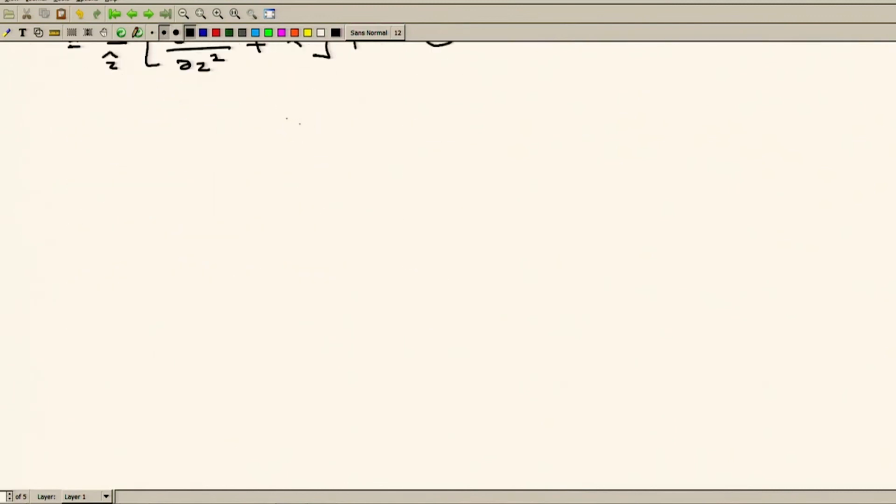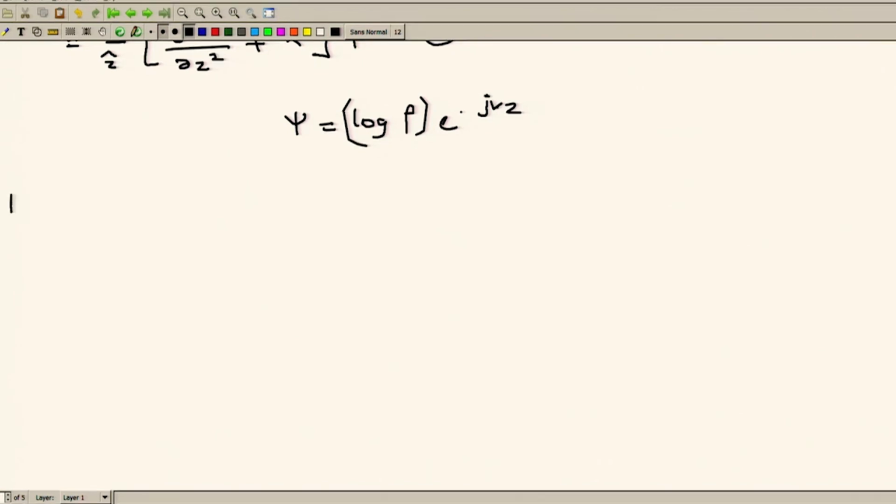Now, in the given question, psi was log of rho e to the power minus j k z. So, we will have E rho as minus of 1 upon rho del psi del phi.